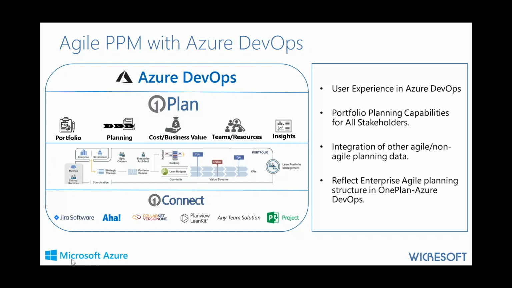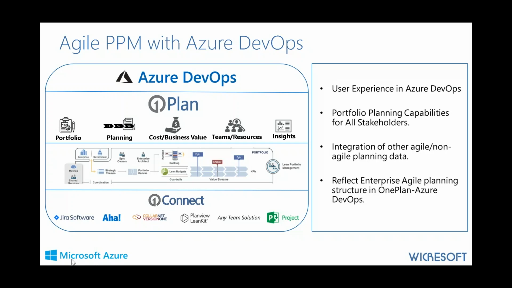You have portfolio planning capabilities for all stakeholders. As I was saying earlier, from the Scrum Master all the way to a portfolio program manager, even leadership can actually go and see the current status of all the work that's being delivered. Talked about the integration of Agile and non-Agile planning tools, depending on what you're using, through our OneConnect platform.